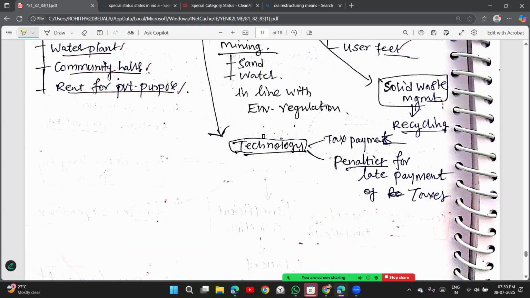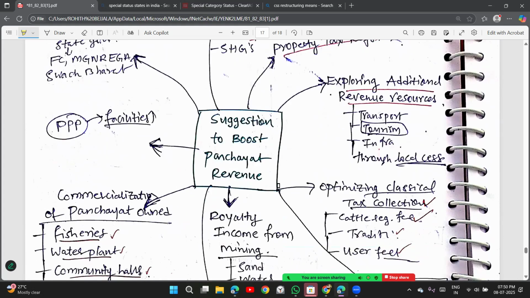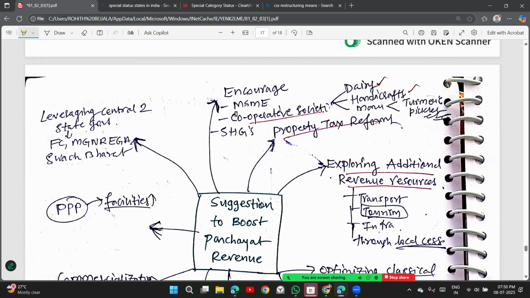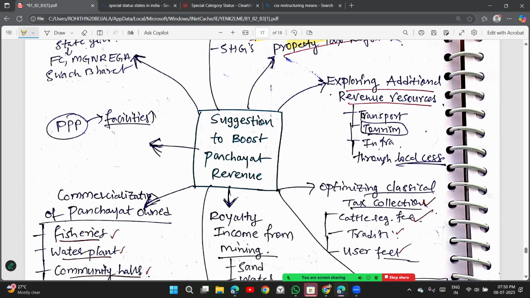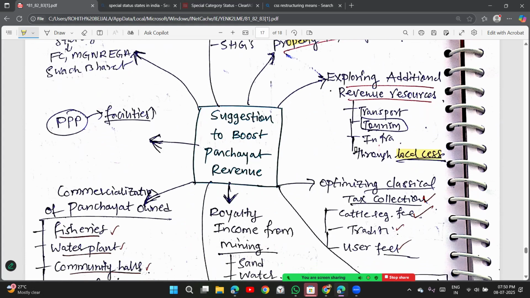The final topic is what we can do to boost panchayat revenue. One is we can encourage MSMEs, cooperative societies, and self-help groups. We can do property tax reforms, like exploring additional revenue resources. For example, if the village is a tourism spot, then we can add a local cess.